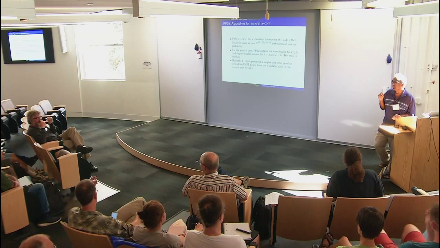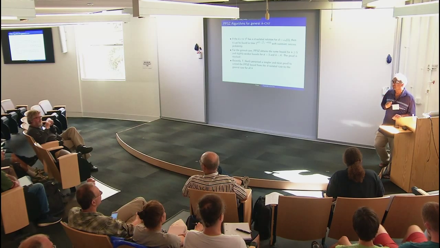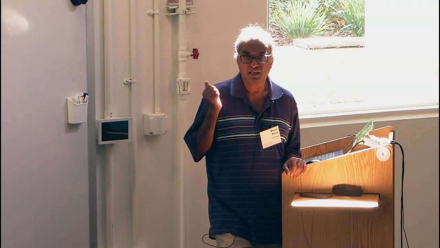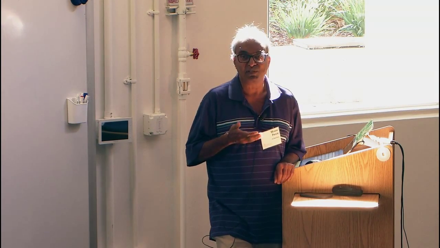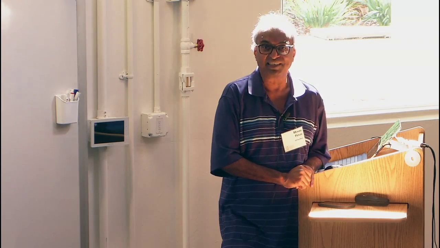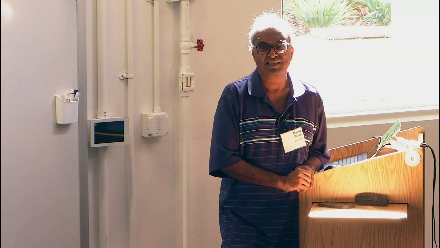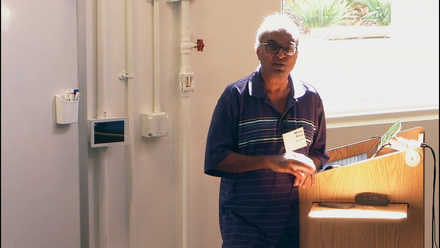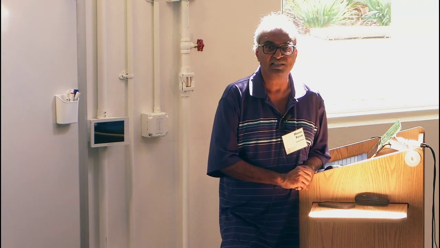For each k, let sigma k be the best constant for the exponent. Assuming ETH, we show that the sequence of constants is increasing or non-decreasing. So that's a kind of lower bound. That's what led to the strong ETH.